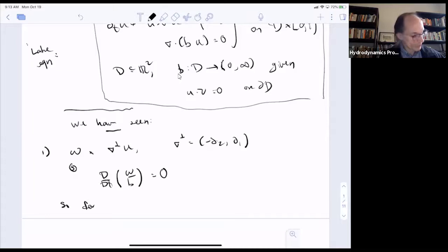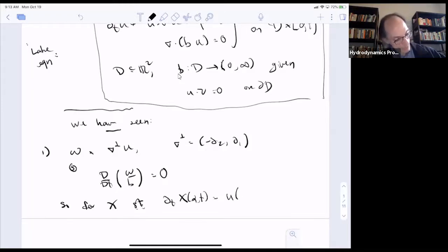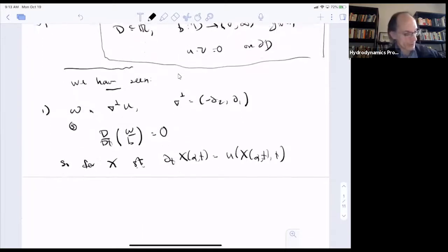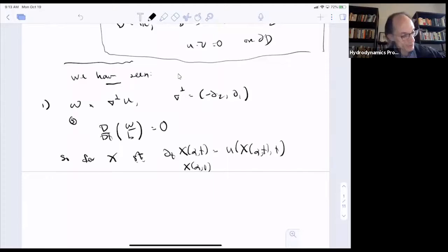So for X, a particle trajectory map, with X at time 0 equal to alpha, for such a function, we have that omega divided by the depth function is transported along these particle trajectories.